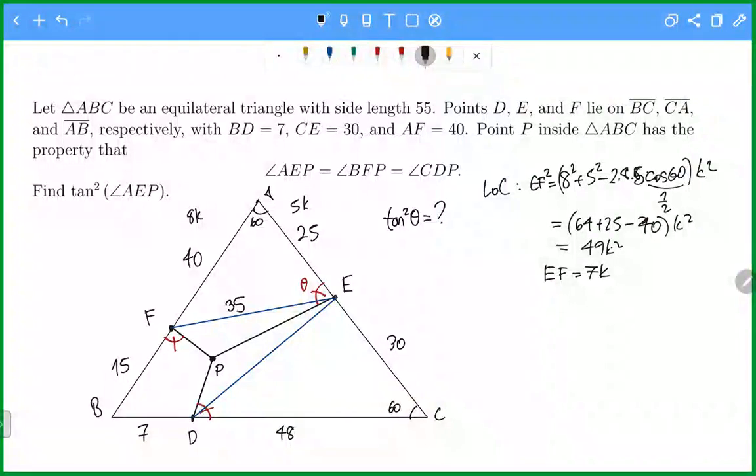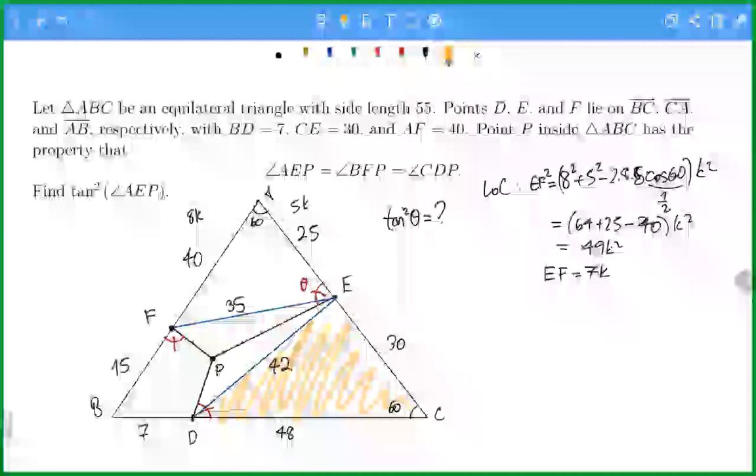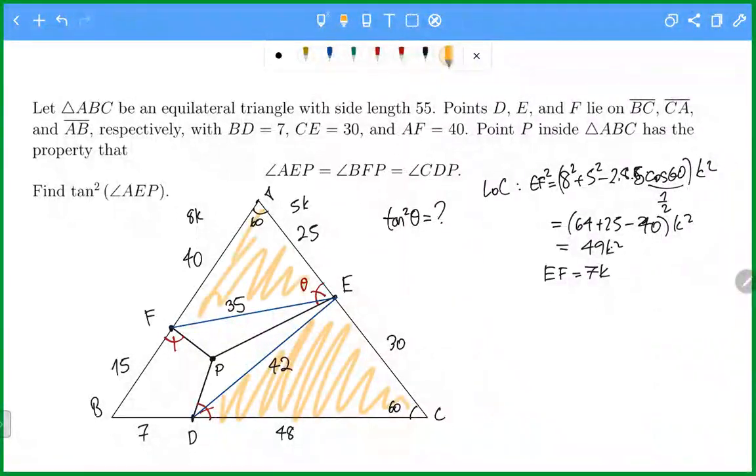Okay, when we do the same thing on triangle EDC, we immediately obtain that ED is 42. And not only that, but two triangles are similar, right? The first triangle is EDC, and the second triangle is EAF. Why?